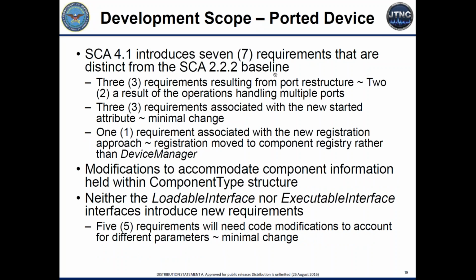We saw 7 fundamentally new requirements, you'll see that 6 of them show up because of the same elements that we talked about for a resource component. The ports have been restructured, and that started attribute has been introduced. Not difficult changes, not challenging cases.